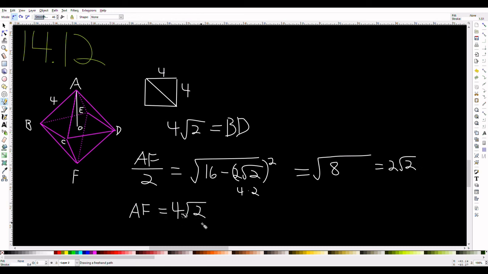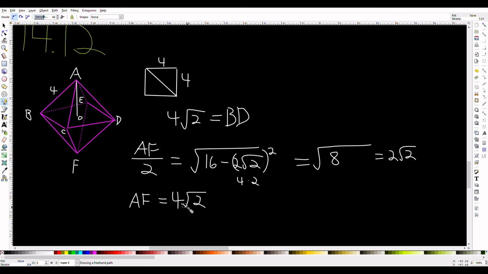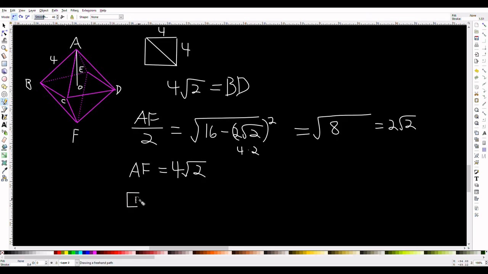And now our second to last question is find the area of BCDE. Well, that's a square. We know how to find the area of a square. Four times 4 is 16.